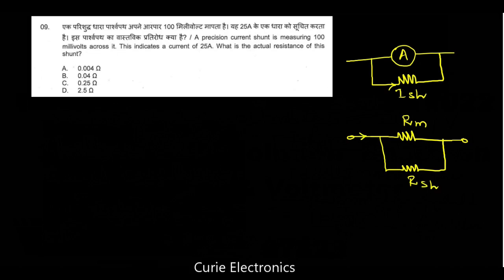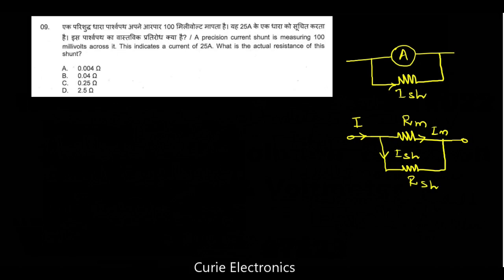I is the maximum current this ammeter with shunt resistance can measure. The current flowing through the meter resistance is Im, and the current flowing through the shunt resistance is ISH.